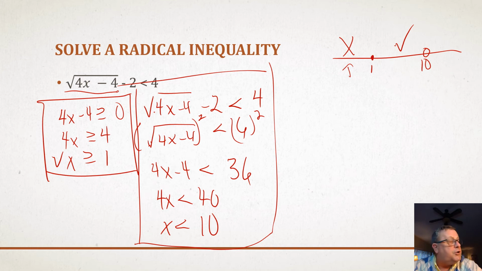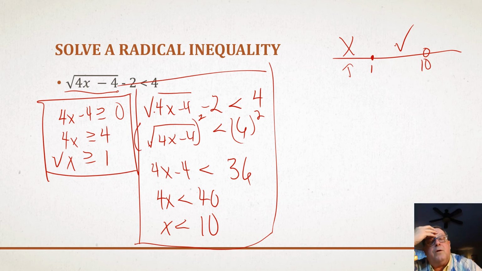And then I just want to be sure. So I'm going to test an interval beyond 10. I don't know. Let's choose 12. All right, so I got the square root of 4 times 12 minus 4, then minus 2. Is that less than 4? Well, let's see, we said 12. So I substitute 12 for x. So 4 times 12 is 48, minus 4, that's 44.